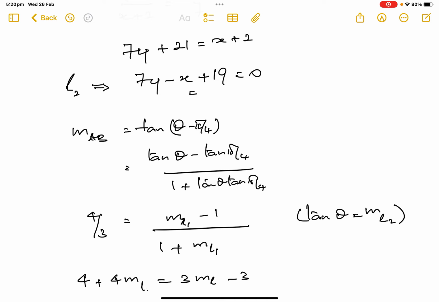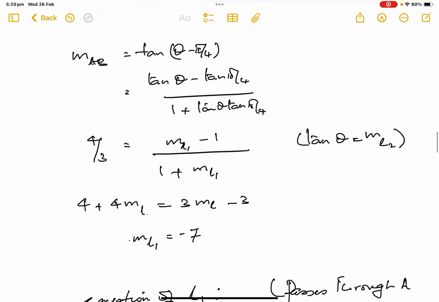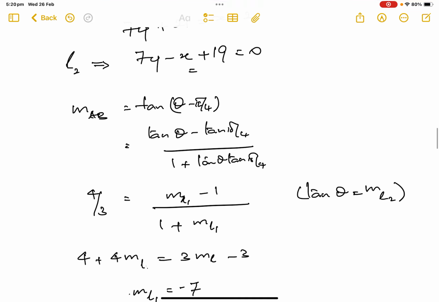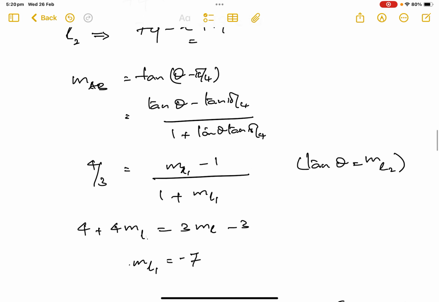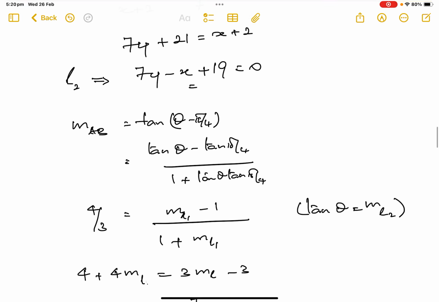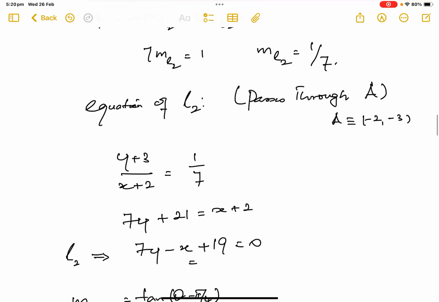Again, for MAB, we could use the other one, right? The tan of theta minus pi by 4. So that can be done as well. Again, a tan property, two angles subtracted from one another: tan theta minus tan pi by 4, divided by 1 plus tan theta tan pi by 4. The gradient of AB is 4 over 3, which we have used before.